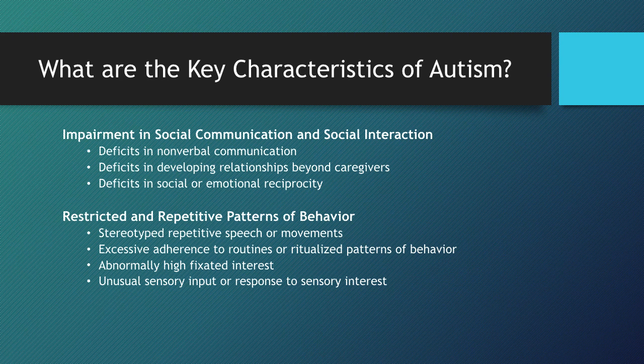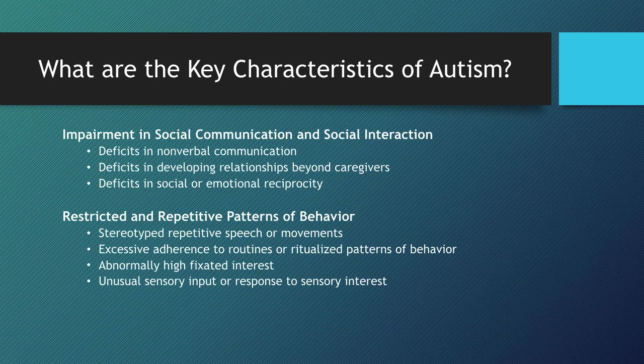So the DSM 5 outlines the behaviors in impairment in social communication and social interaction as deficits in nonverbal communication, deficits in developing relationships beyond caregivers, deficits in social or emotional reciprocity.